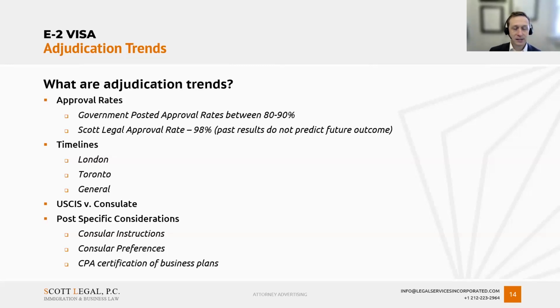So that being said, we do think people will face more questions at consulates. We do think that administrative processing, which is where applications go through increased security screening, will probably become more common. But I don't think we anticipate seeing this channel close or be severely restricted. I think we're still going to see E-2 visas going through the process and being approved.